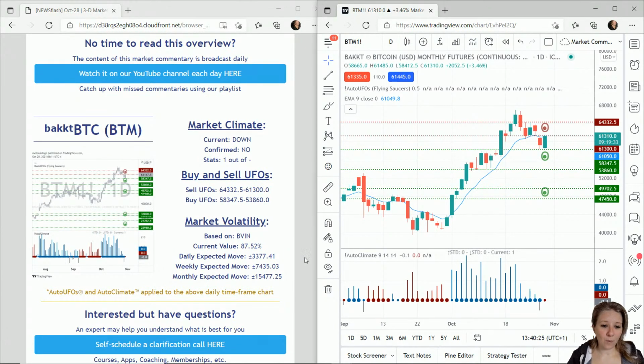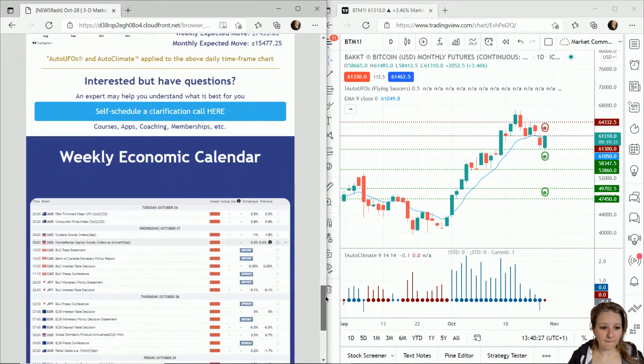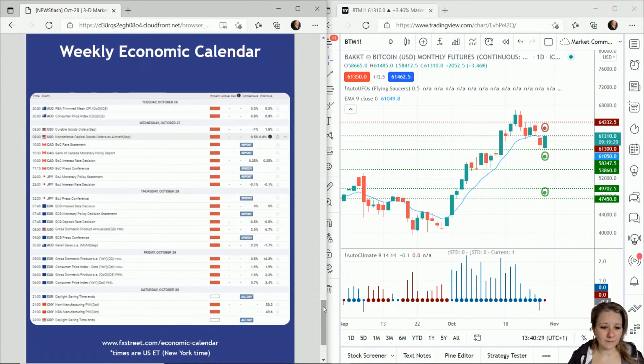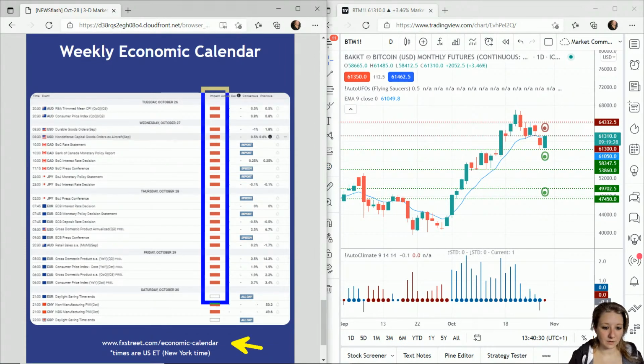Now, one more thing we need to be looking at is our weekly economic calendar. Now, we get this from fxstreet.com, and what we do is we filter by high impact news. We do that because we want to know what scheduled news reports are likely to come out that may cause volatility in the markets, may make them move a little bit more. So for example, today being, what day is it today?